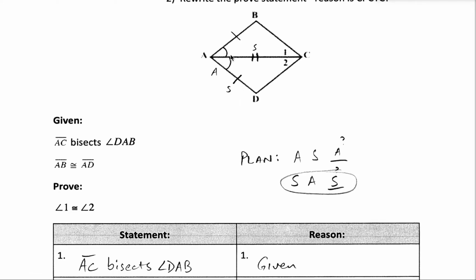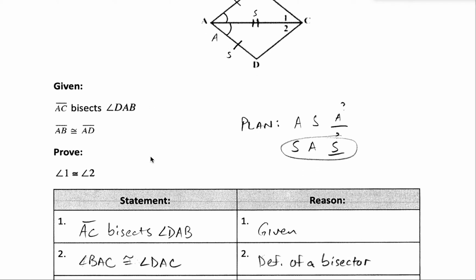So let's mark those 2 smaller angles as congruent, and then let's talk about those 2 angles. Let's name the top angle BAC and the bottom angle DAC, and we'll say that they're congruent. We said that they're congruent because angle A got bisected, so that's the definition of a bisector.